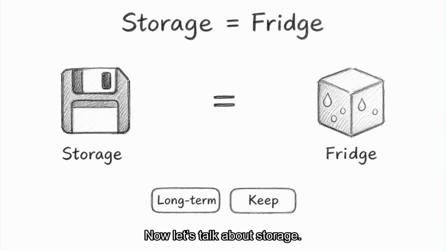Now let's talk about storage. By storage, I mean something like an SSD or HDD. It's more like the fridge or storage room in the kitchen. RAM is a counter and storage is a long-term storage area. Programs, photos, documents, games, operating system files, everything is stored here.